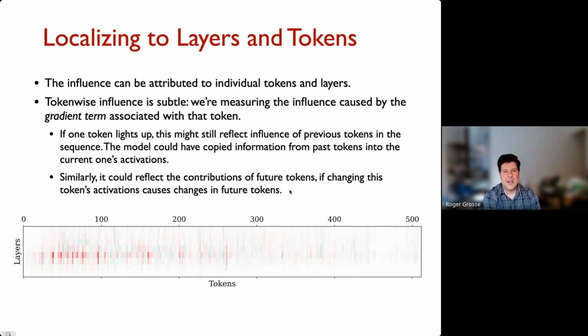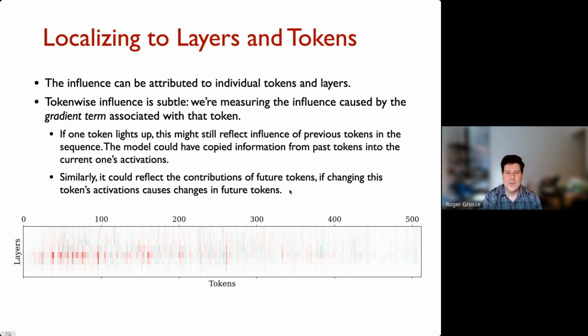Interpreting these is a little bit subtle, because what we're measuring is the influence caused by these individual gradient terms. If you look at the gradient term associated with a particular token, this still takes into account information from the rest of the sequence, because the activations at that location take into account previous tokens in the sequence, and the gradients take into account contributions from later in the sequence.